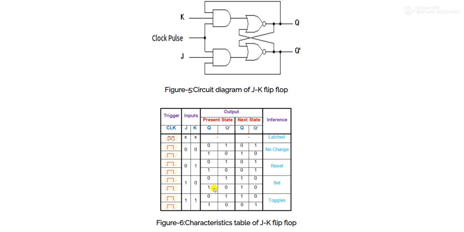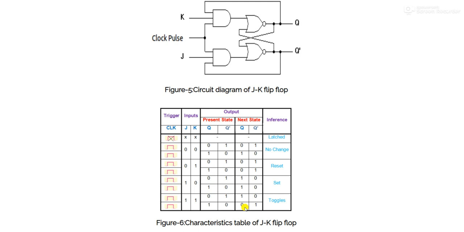So as you can see, if Q equal to 0, Q bar equal to 1, and your clock is high, your inputs are 1 1, you will get next state outputs 1 and 0. At the same time, for the same input 1 1, if your present state is 1 0, because your previous state is 1 0, and your clock is high, then you will get output Q equal to 0 and Q bar equal to 1.